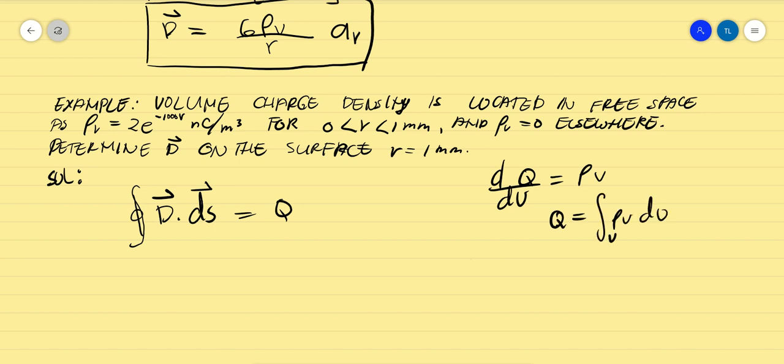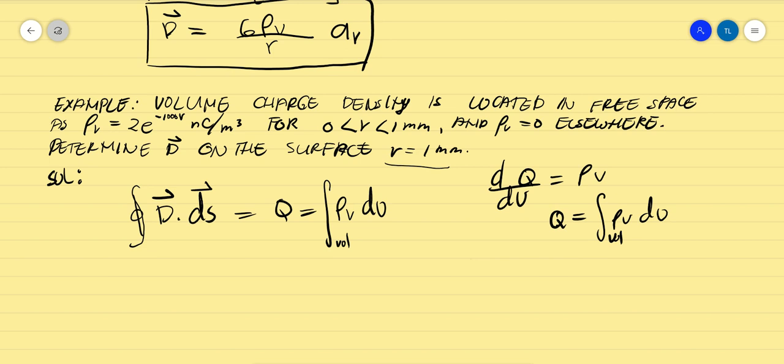So this is a volume integral. Then this is a sphere. We can use a sphere here because this is a volume charge density, and we can enclose that charge density in a sphere. And it's a surface r equals 1 millimeter, so it's also a sphere.